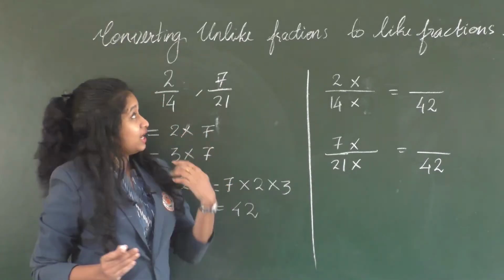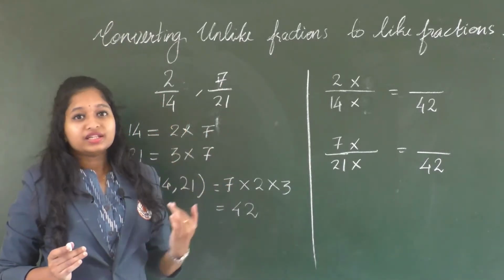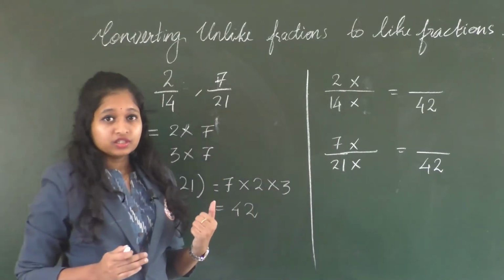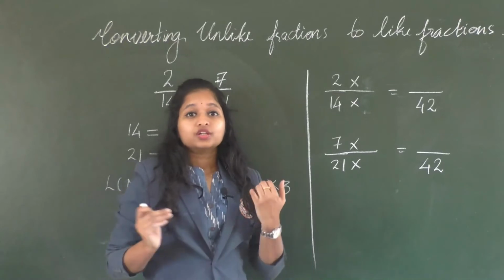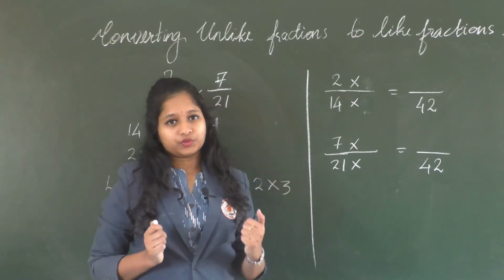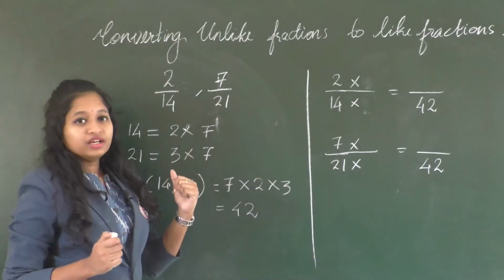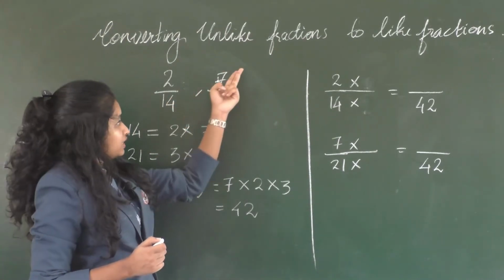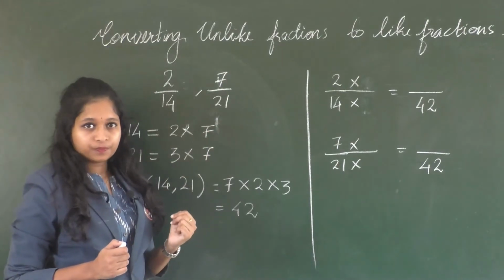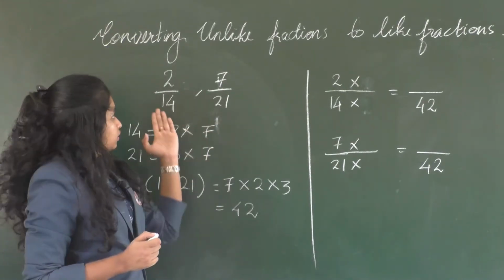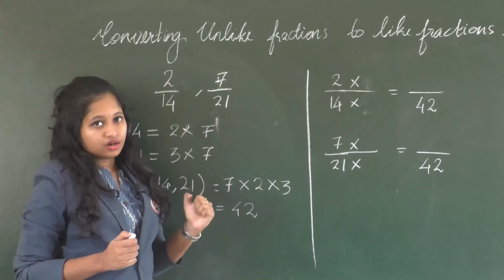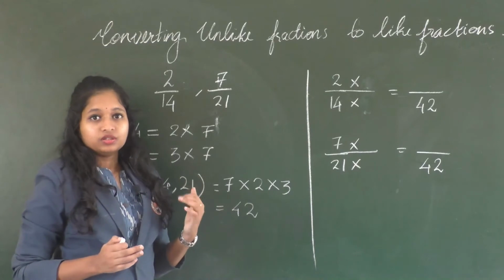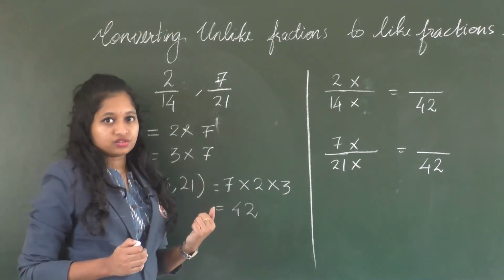Now, let us learn how to convert unlike fractions to like fractions. Okay? For that, we have to use the concept of LCM. Here, I have an example of 2 by 14 and 7 by 21. Now, both of these fractions are unlike, isn't it? Now, let us convert them to like fractions.